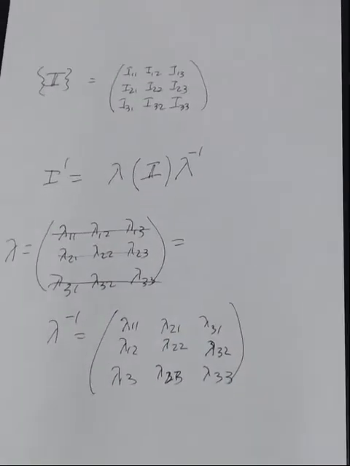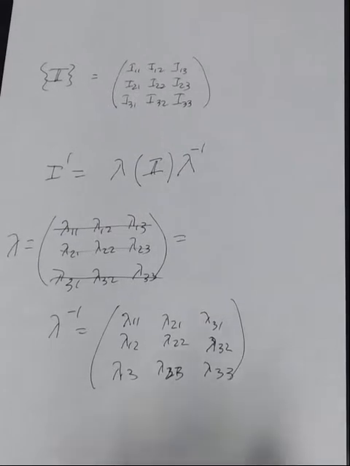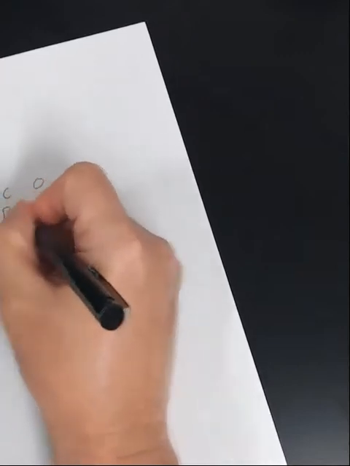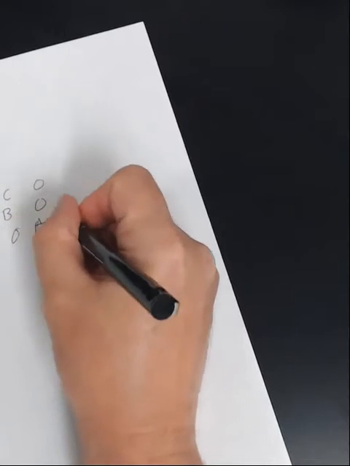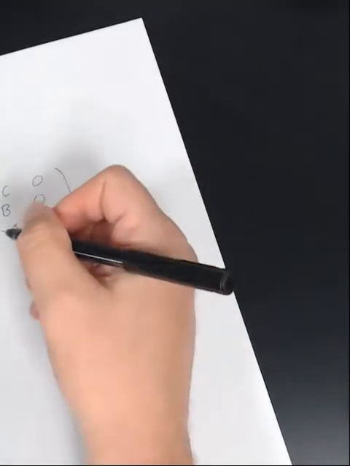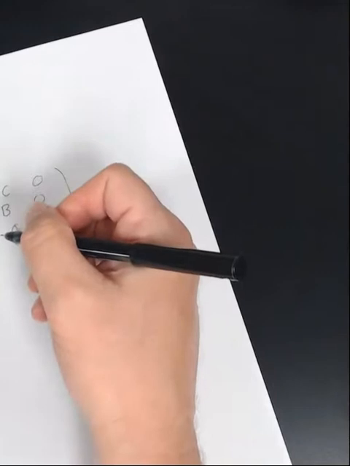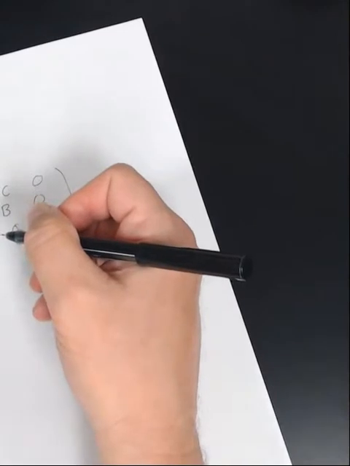So let's at least set one up from your textbook. Problem 11-7 gives you a moment of inertia of A, negative C, 0, negative C, B, 0, 0, 0, A plus B. And it wants you to do a coordinate transformation about the z-axis.